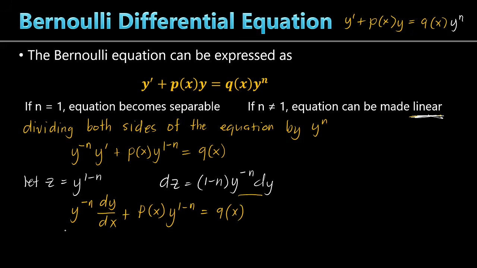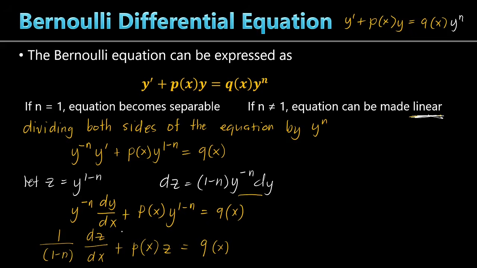And now I will get 1 over 1 minus n times dz over dx, I just copy dx. And then plus this p of x, I will just copy and replace this y to the 1 minus n with the new variable z, is now equal to q of x.